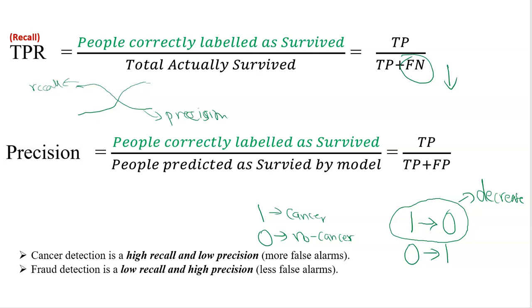When you increase recall, your precision decreases, and this is what I mean by that trade-off. If you decrease the denominator over here, your overall precision will increase, and overall recall will decrease. And if recall increases, then the precision will decrease.